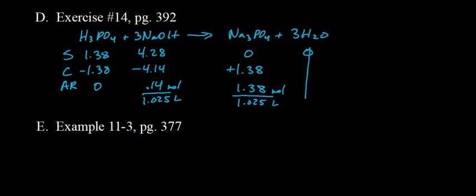And then we'll apply our ratio to find out how many millimoles of HCl are needed for this reaction to occur. And then we're going to take the millimoles and divide it by the molarity of the HCl to find the volume of the HCl solution needed.